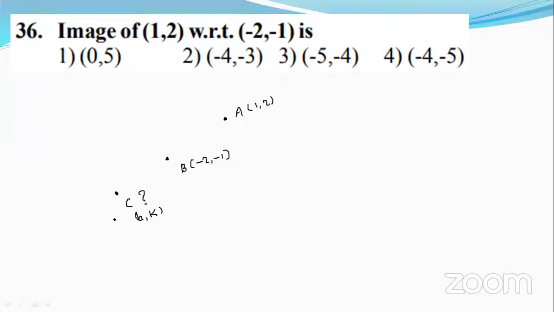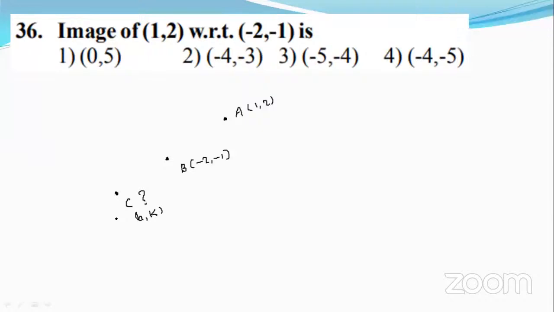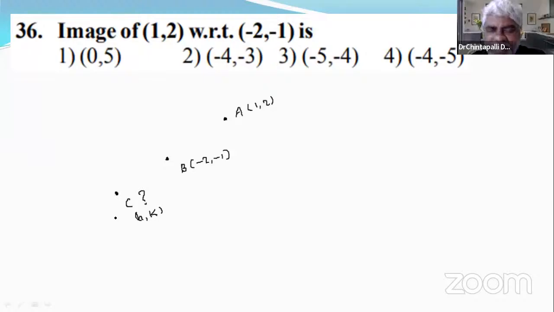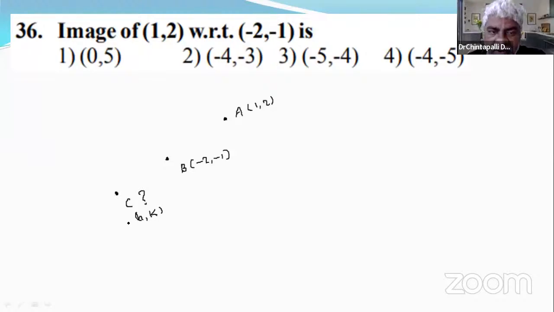In the same way, B should be the midpoint of A and C. Use the midpoint formula, find the midpoint of A and C, and equate that midpoint to (-2,-1).